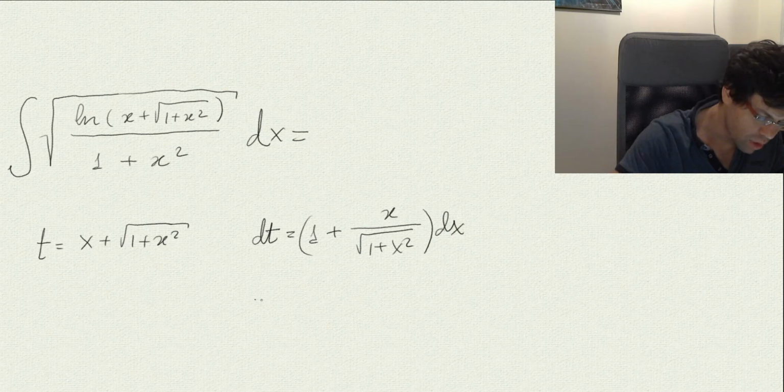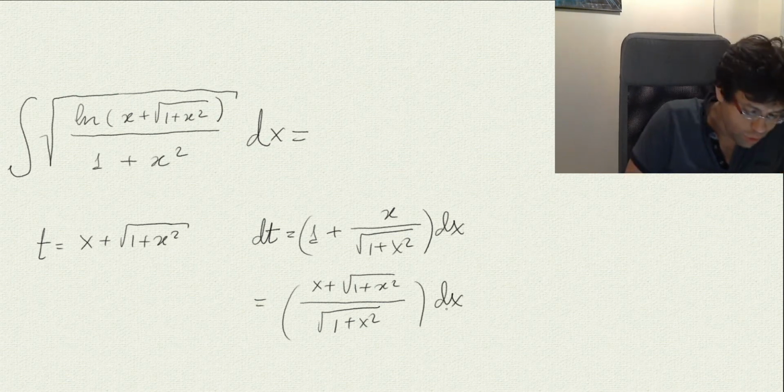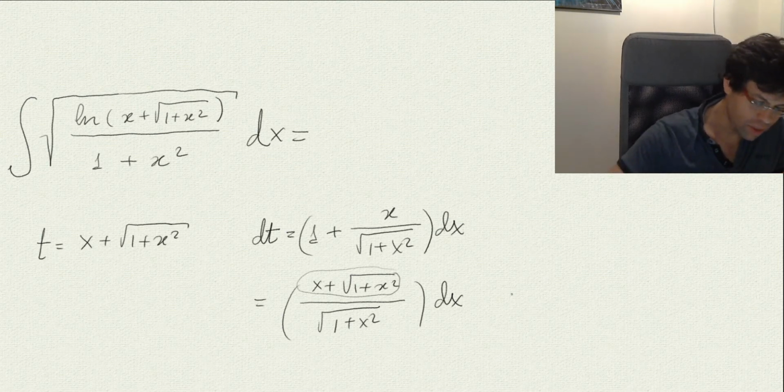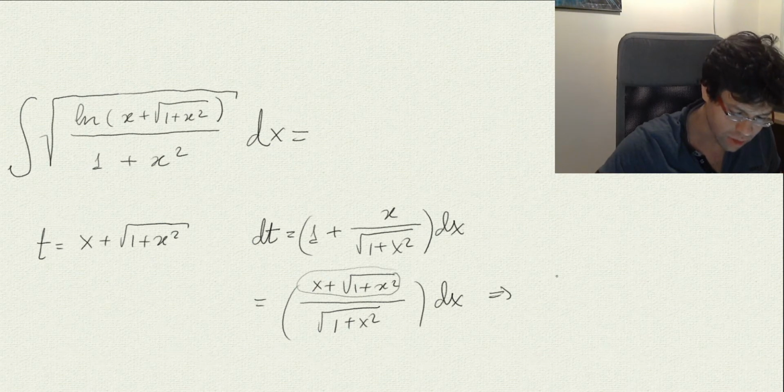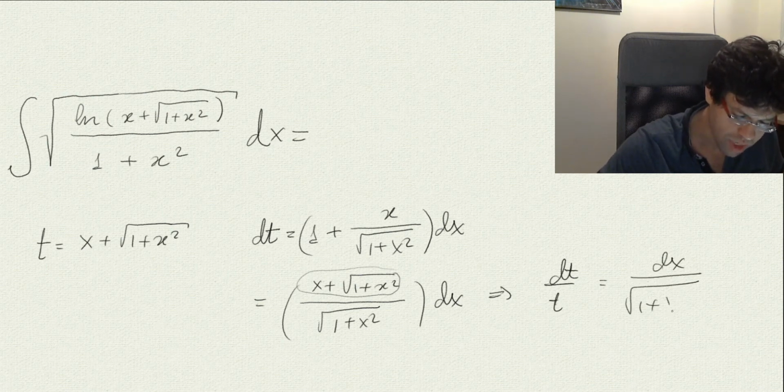Now note that when we do the common denominator here, what we will have here that this is x and 1 plus x squared divided by 1 over x squared dx, right? And, well, you remember I promised a miracle. Yes, indeed I have, because you see this expression, well, this is t, that we denoted this by t, and therefore we can conclude that dt over t is dx over this square root of 1 plus x squared.